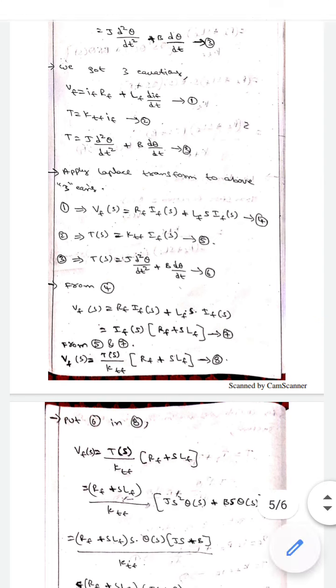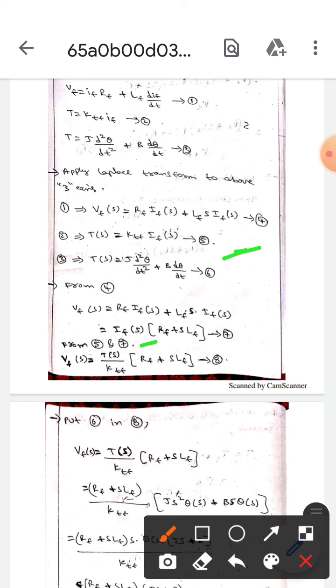Here from equations 5 and 7, in the place of If of s we can write T of s by KTF. So we will get Vf of s equals T of s by KTF into Rf plus s into Lf. Let it be equation 8.